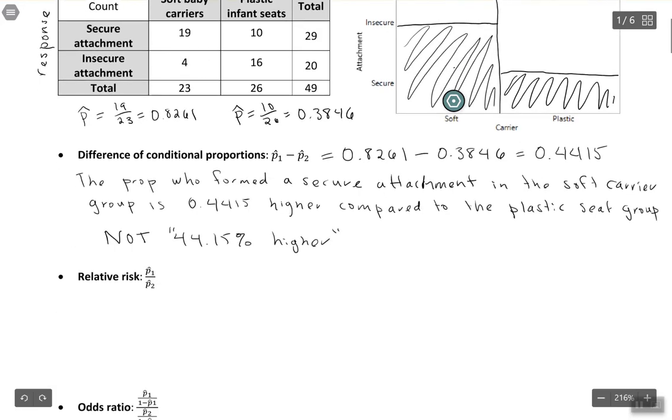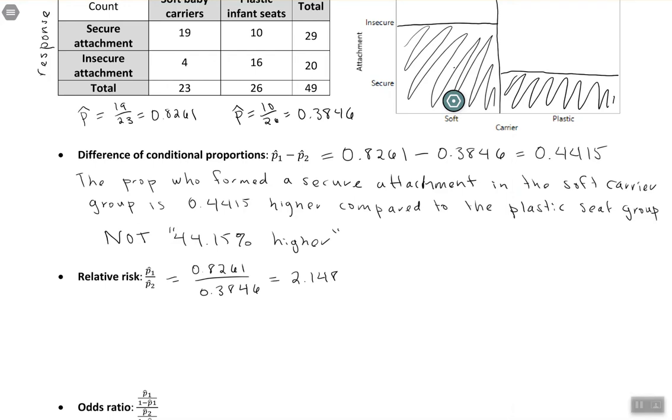Okay. Another way that you can do it is you can look at the relative risk. So here, instead of subtracting them, we're going to divide them. I've got the first group on top here. It actually doesn't really matter which way you go as long as you interpret it in a way that matches.